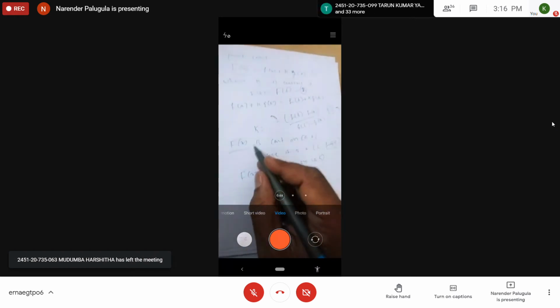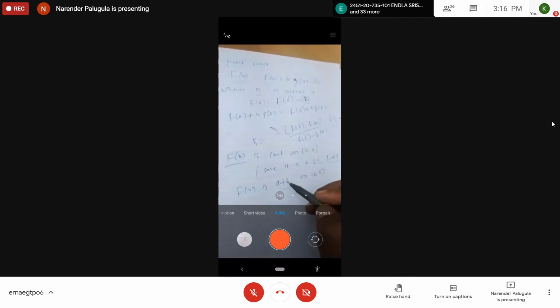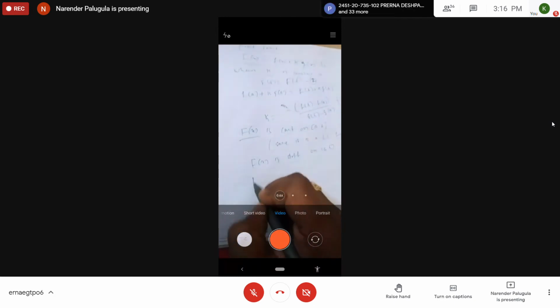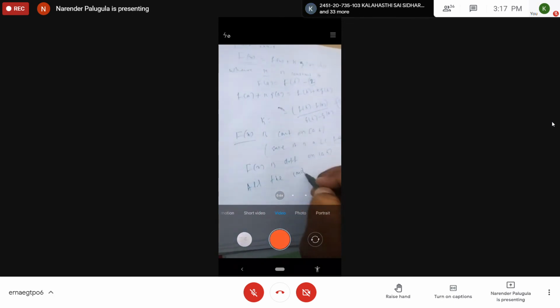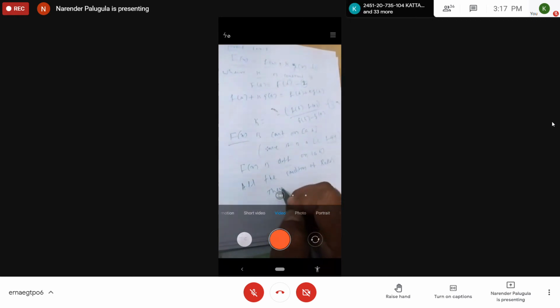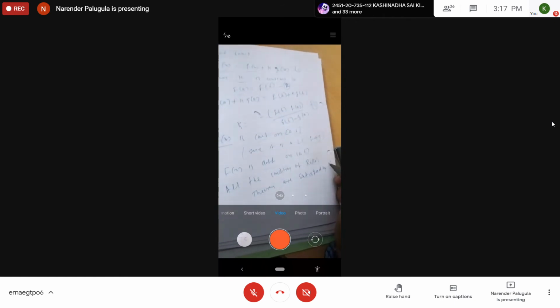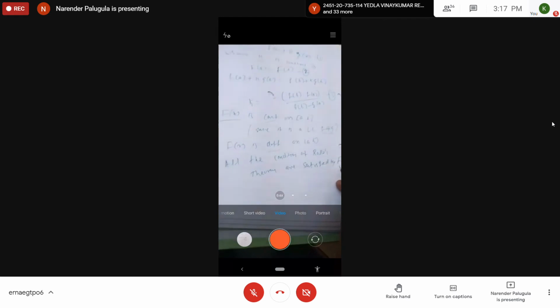So continuity, differentiability and equality, the three conditions of Rolle's theorem, are satisfied by the function capital F. So now if the function satisfies the conditions of Rolle's theorem, what is the conclusion?